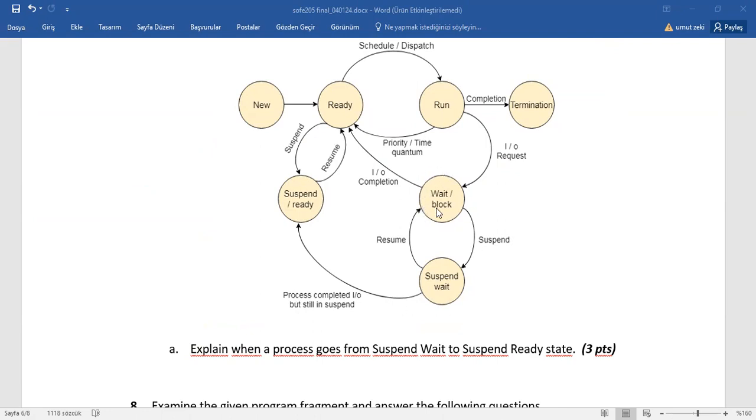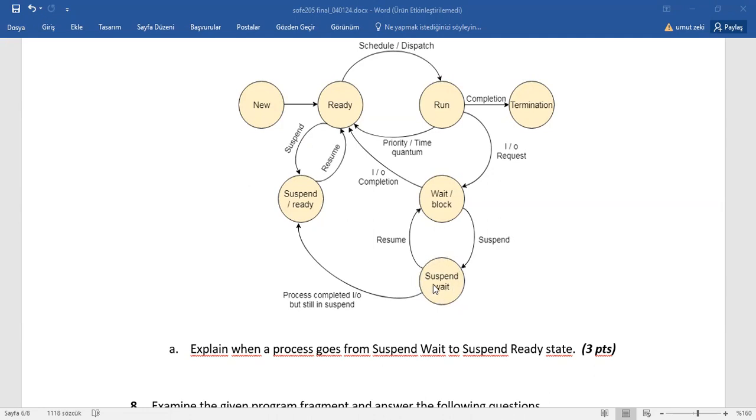So when a process enters the suspend wait state, it goes to the wait or blocked state because it needs an input output operation, but it goes to suspend wait because it is waiting for input output, it is in a queue, and also memory is not available.